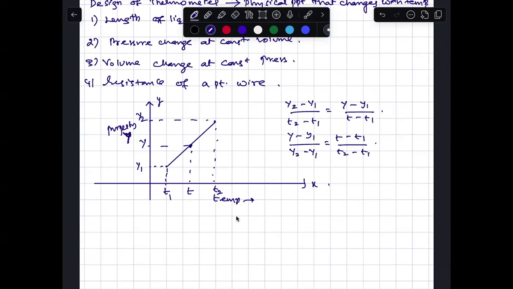Can you please tell me why it is a constant? You take any scale, the property is remaining the same, say for example variation of length or variation of resistance remains the same. Any doubt till this point, boys and girls?